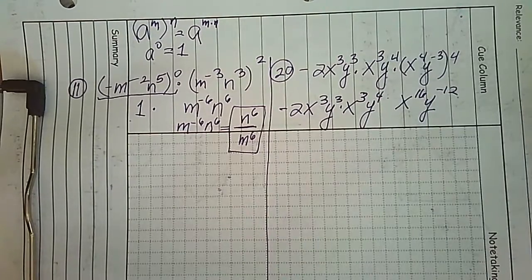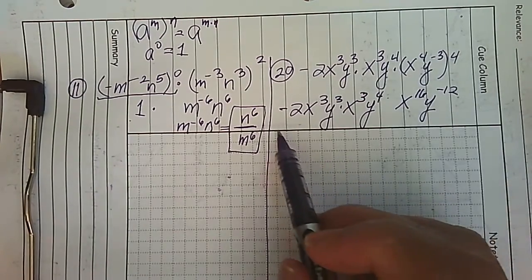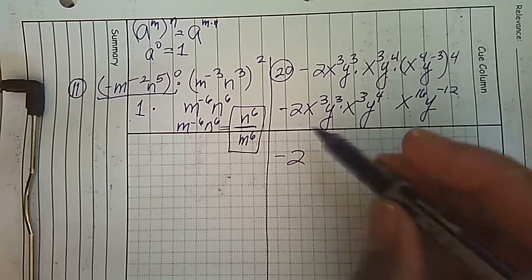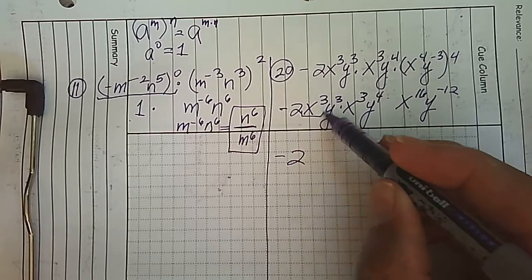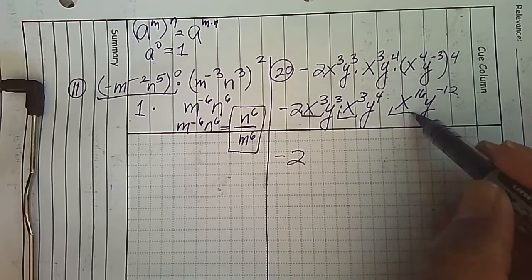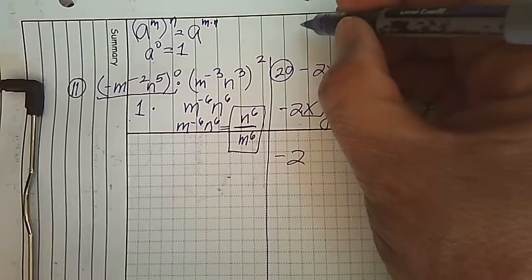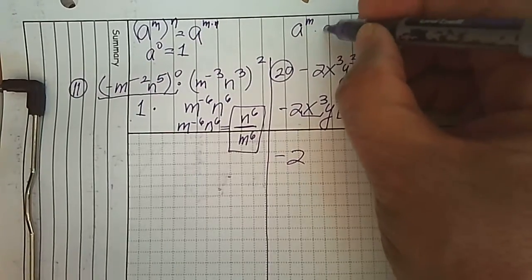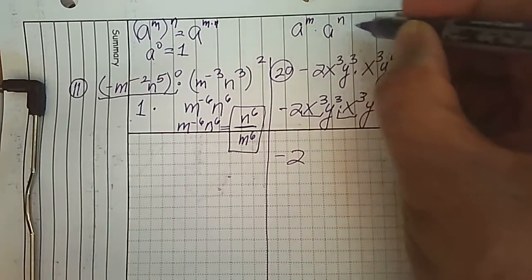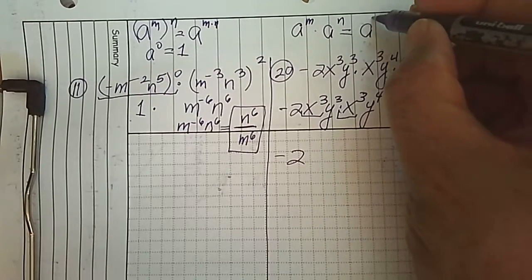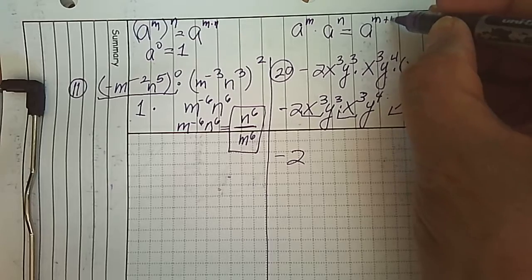Okay? Now, multiply the negative 2, there's no other number, so that'll be negative 2. Now the x's, x to the 3rd, multiplied by x to the 3rd, multiplied by x to the 16th. Remember, if you have a to the m, multiplied by a to the n, the answer will have the same base, and the exponents are added, m plus n.